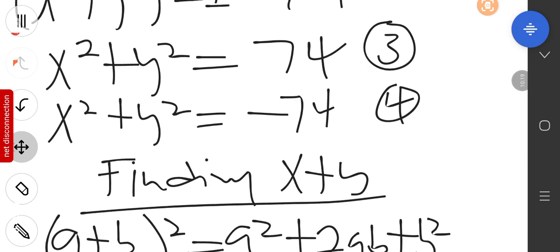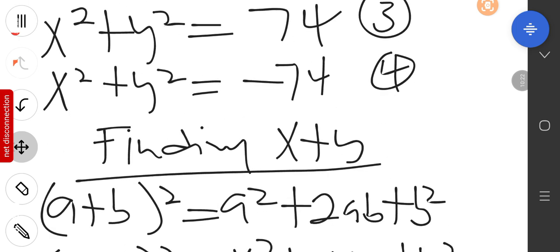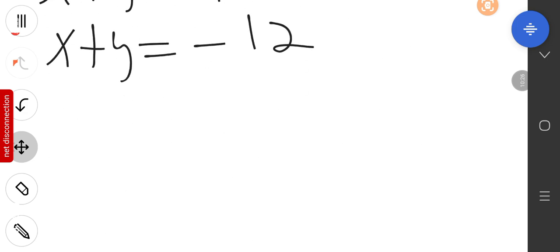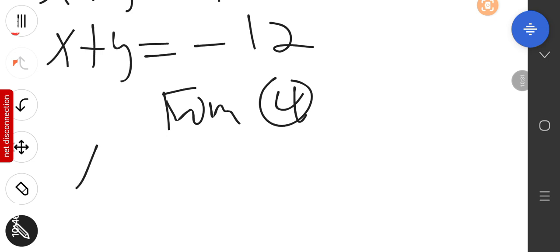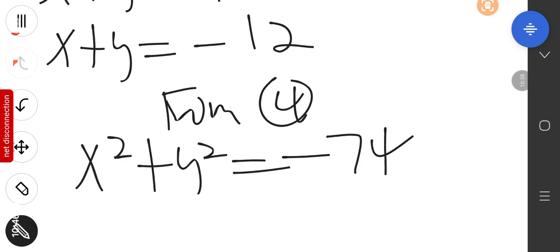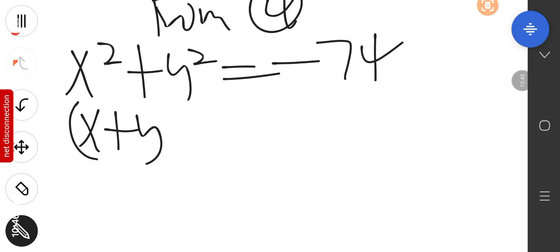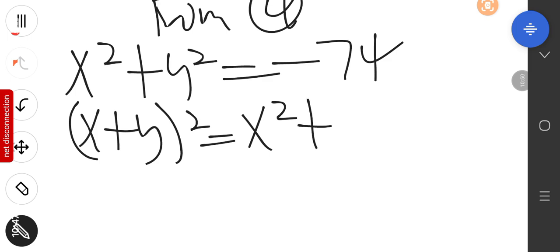From equation 4, x squared plus y squared equals minus 74. So let's apply the square of a binomial identity. x plus y squared equals x squared plus 2xy plus y squared.